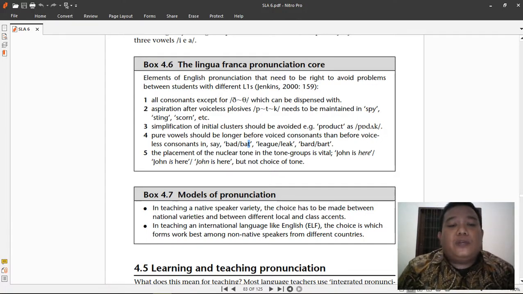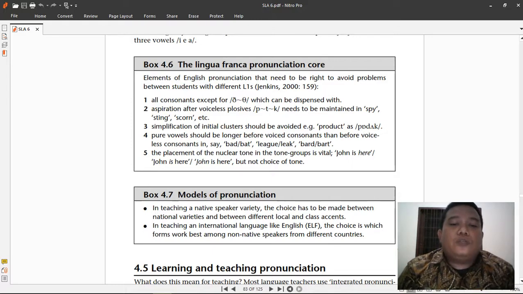So when you try to pronounce the two of these words, there will be a bit of difference in the pronunciation. Like in the bad one, you need to pronounce it longer than the bat. So it becomes bad, while the other one is bat.